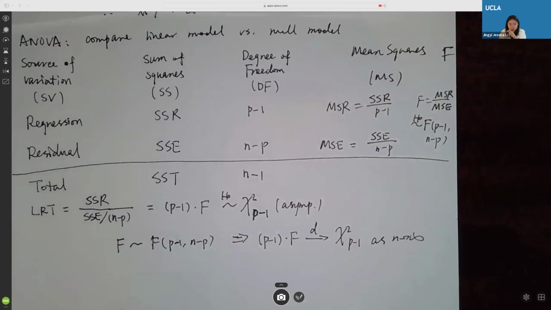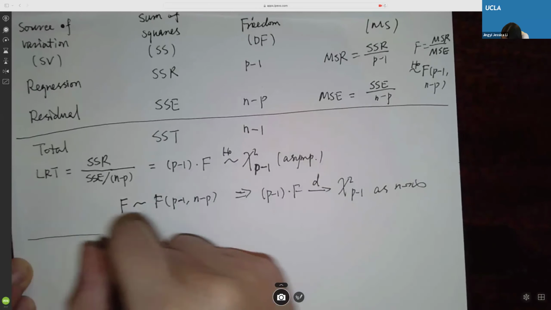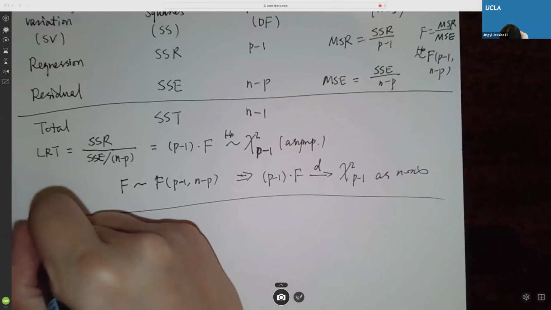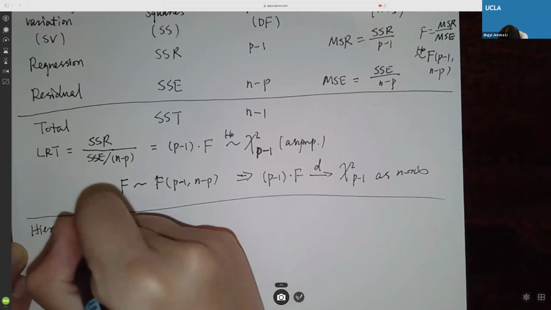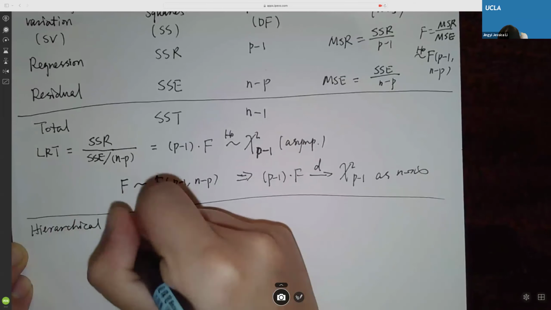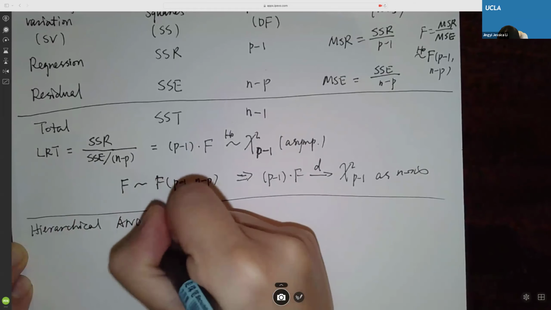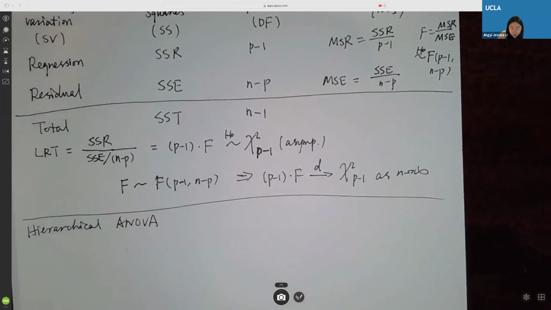But this is the basic form of ANOVA. Now we're going to talk about a more practical form, and this is what you will get in your R output if you use R for data analysis. This is called hierarchical ANOVA. In this case, it's like the problem we tackled with the Wald test.